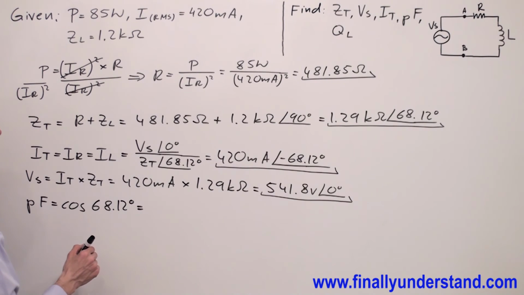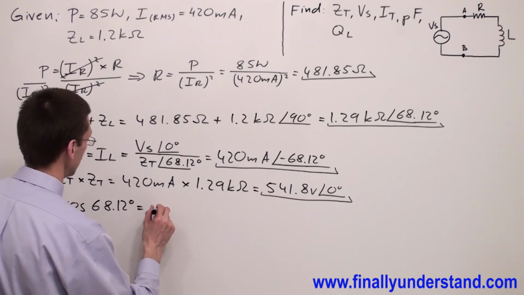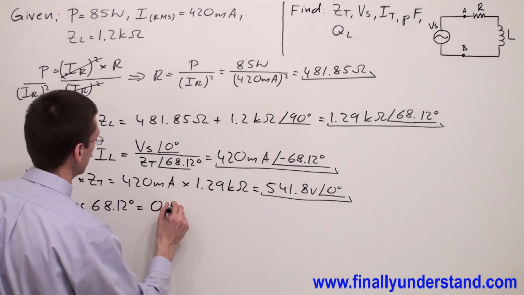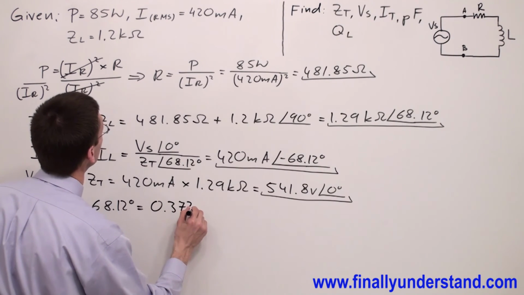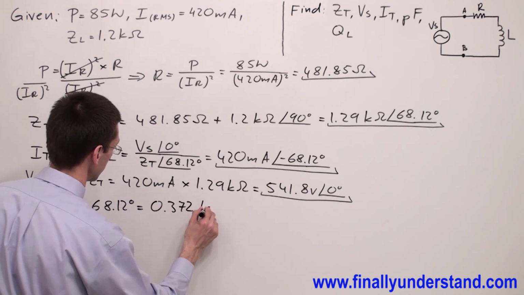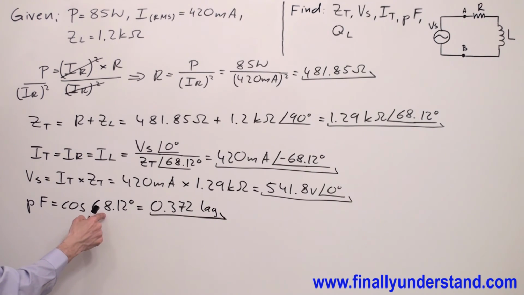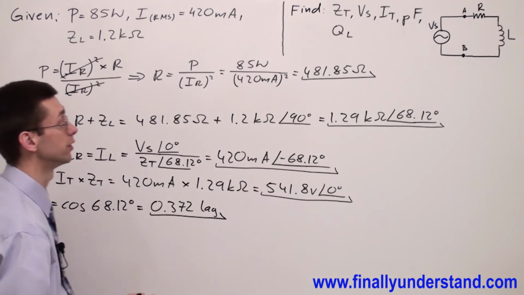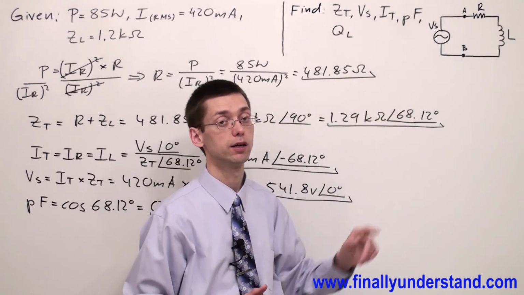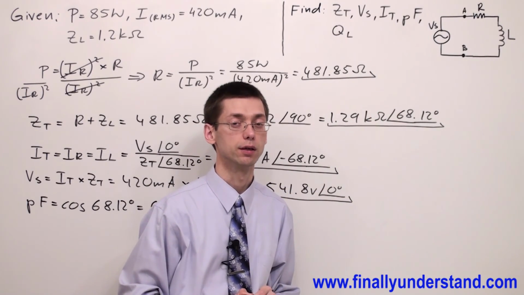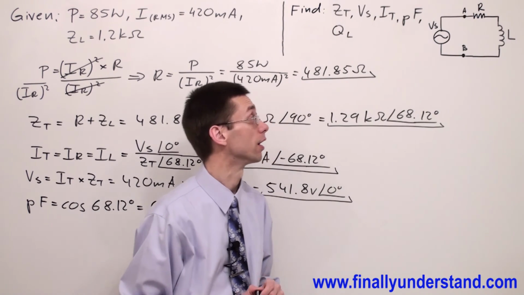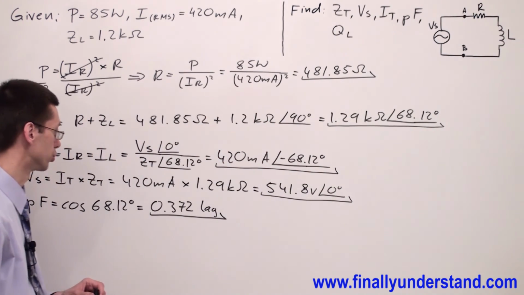So power factor is equal to 0.372 lag. Why lag? Because my angle is positive and because I'm dealing with the RL circuit where the current is lagging the voltage source.